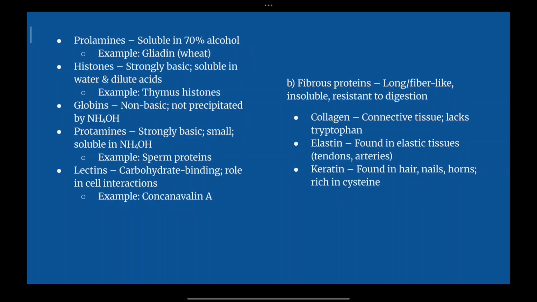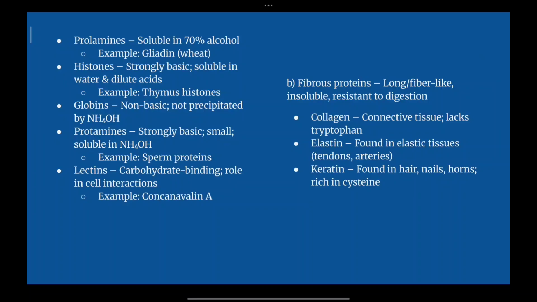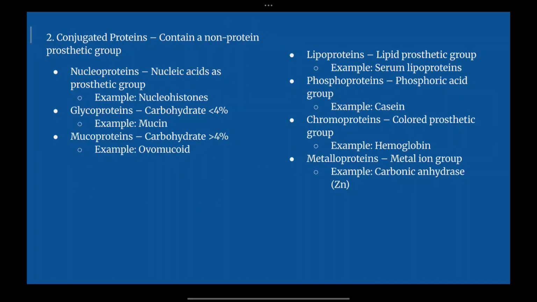Now, conjugated protein is the second type based upon the chemical nature and shape. The conjugated protein contains a non-protein prosthetic group.